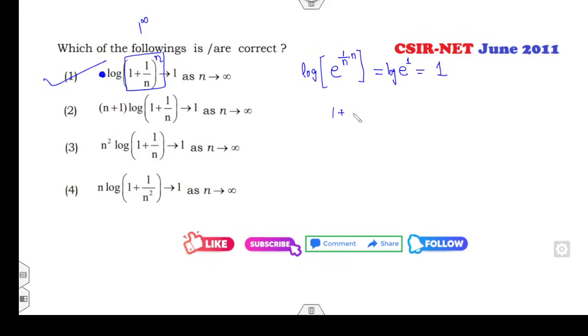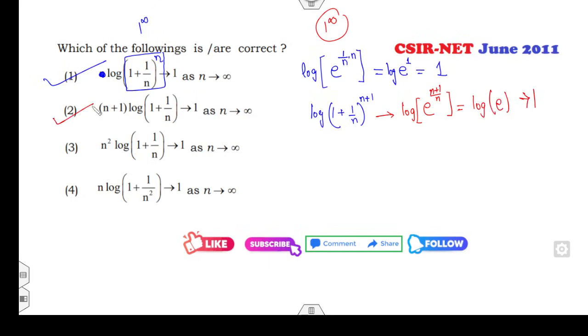In this case, (1 + 1/n) to the power n plus 1 of the log. So clearly it will converge to the log of e, because again it's a 1 raised to power infinity form. So (n + 1)/n gives log of e, which is my 1.